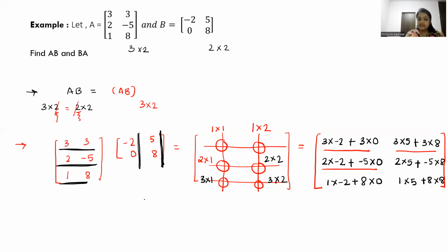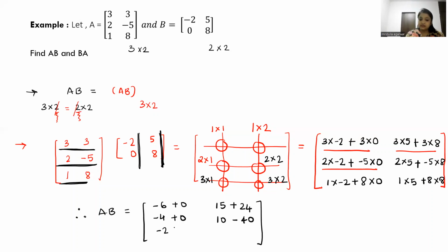Now we'll do the addition and multiplication. Here it is -6 plus 0. This is 15 plus 3 8s are 24. Then 2 into -2 is -4, plus 0. 2 into 5 is 10, minus 40.